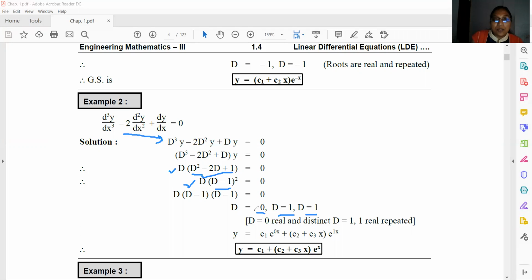For the real and distinct root, we write the solution in the regular way, c1 e raised to 0x. But for the repeated roots, the solution is c2 plus c3x, as the roots are repeated 2 times, and then this root with the exponential e raised to 1x. As e raised to 0 is 1, you may write c1 e raised to 0x as c1. And this is the general solution of the given differential equation.